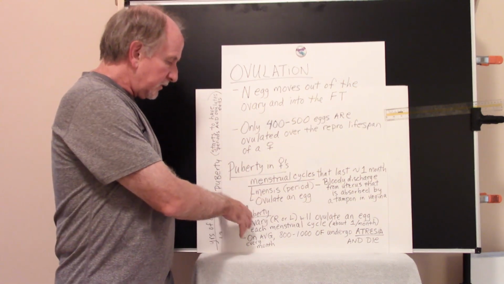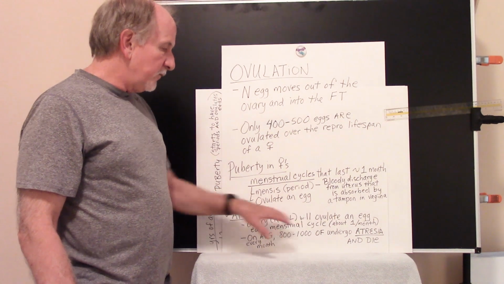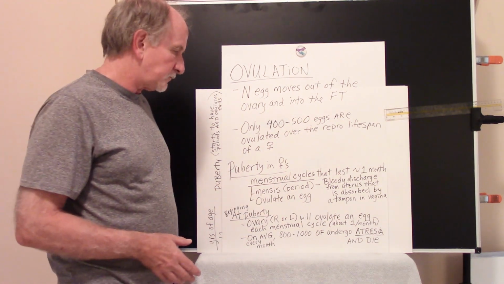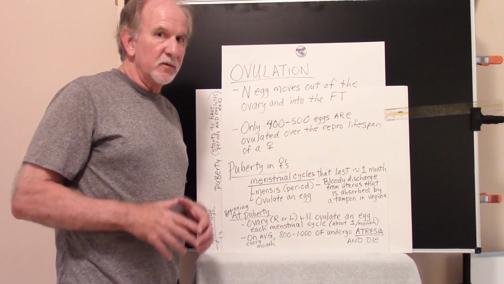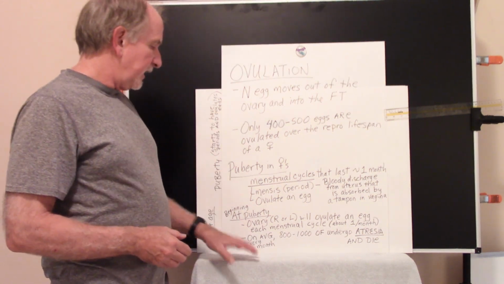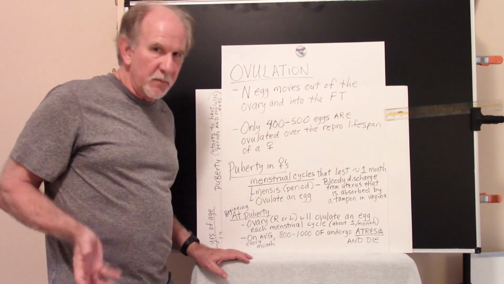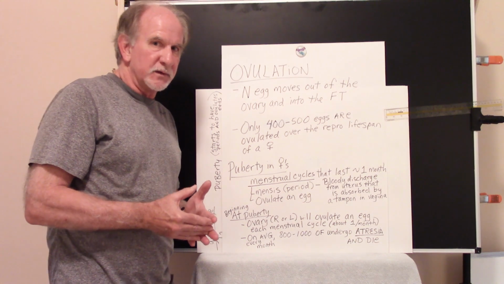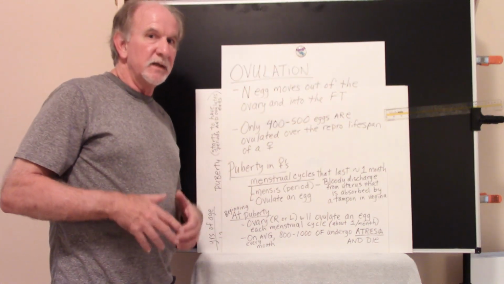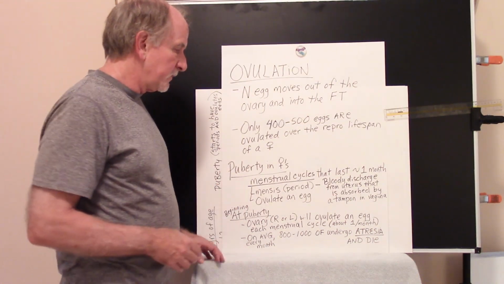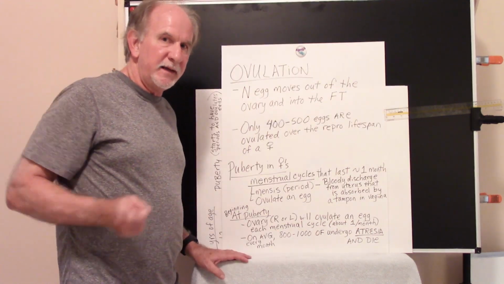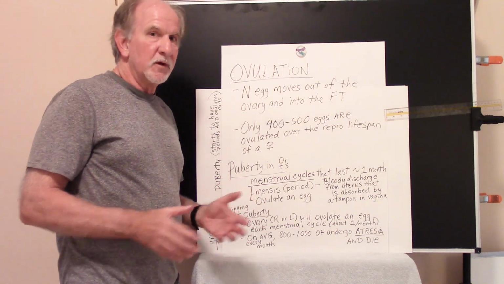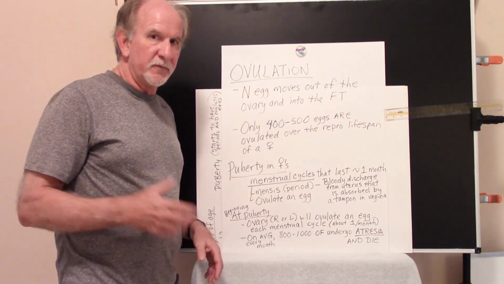So beginning at puberty, the ovaries will ovulate an egg each menstrual cycle. And that happens about once a month. On average, each month or each menstrual cycle, about 800 to 1,000 of the ovarian follicles that didn't ovulate an egg will undergo a dying process called atresia, and they die along with the eggs within the follicle.